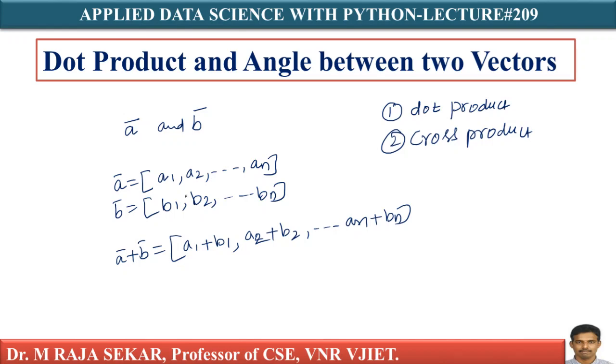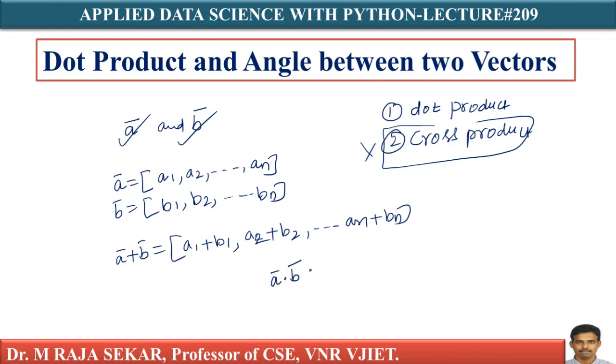Just for simplicity, we don't use cross product much in machine learning, so I will not go into the details of what a cross product is. Let's understand what a dot product is. If I am given two vectors A bar and B bar, a dot product is written as A bar dot B bar.